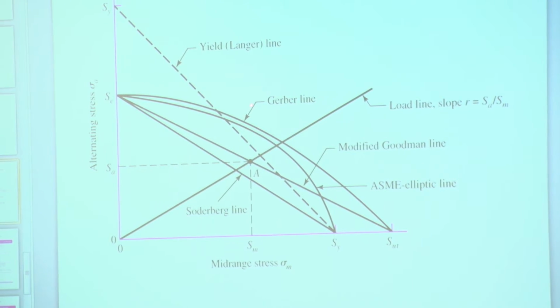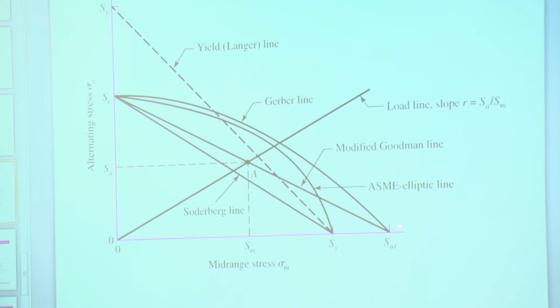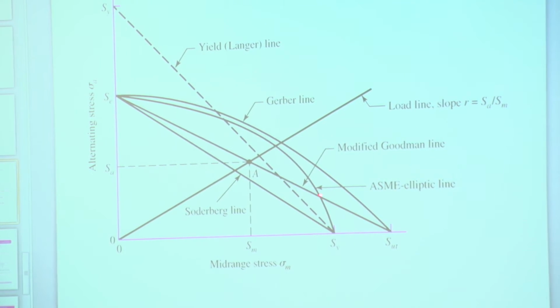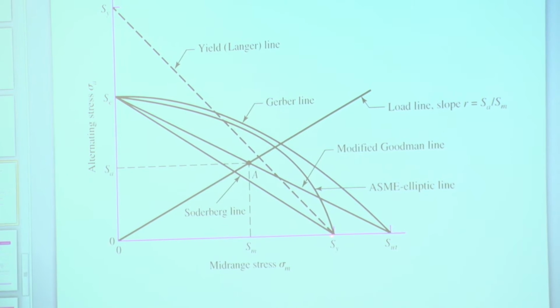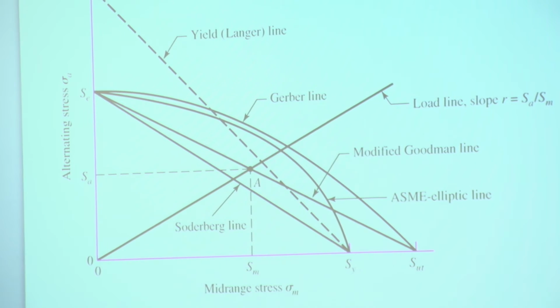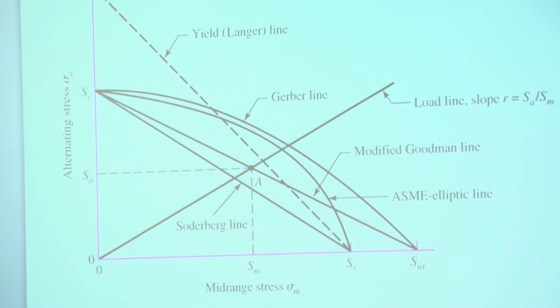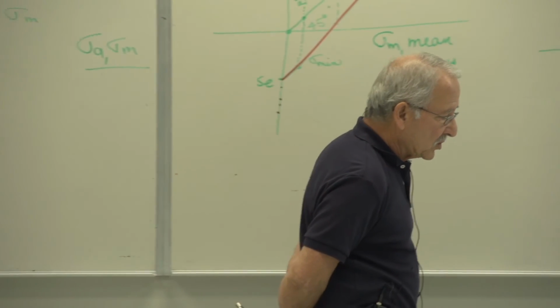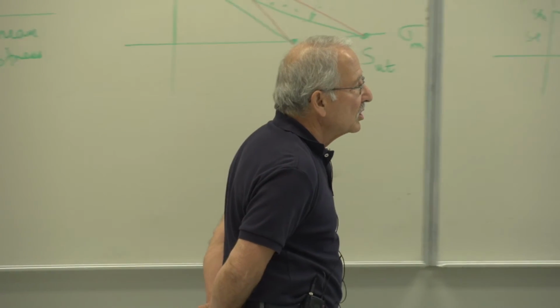Two lines are drawn here. One from SE to SUT called the Gerber line. It's a parabola. And one from SE to SY, which is called ASME elliptic, and as the name implies, it's an ellipse. This second one, ASME elliptic, is used extensively in industry. And that is the main type of failure locus that they use.